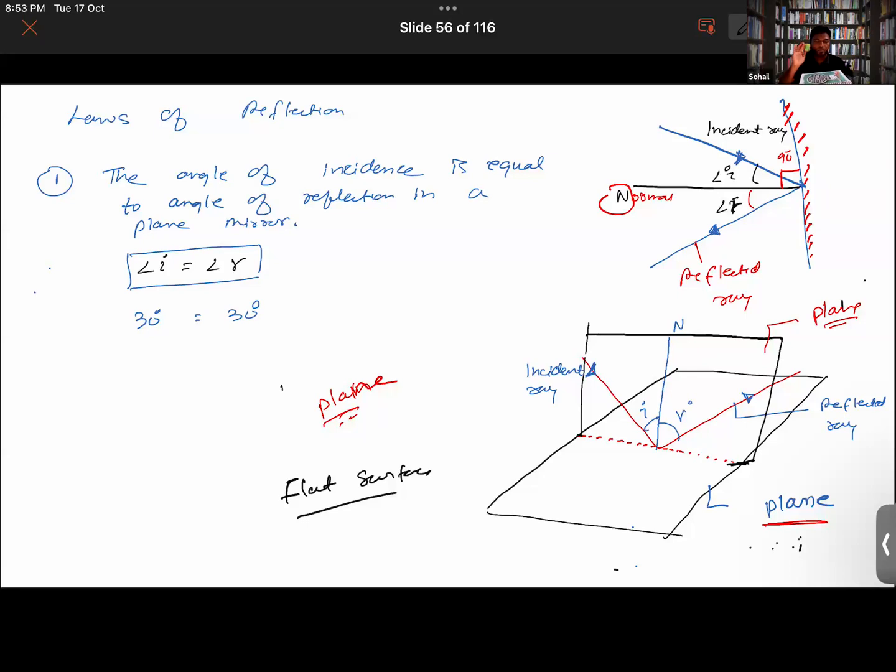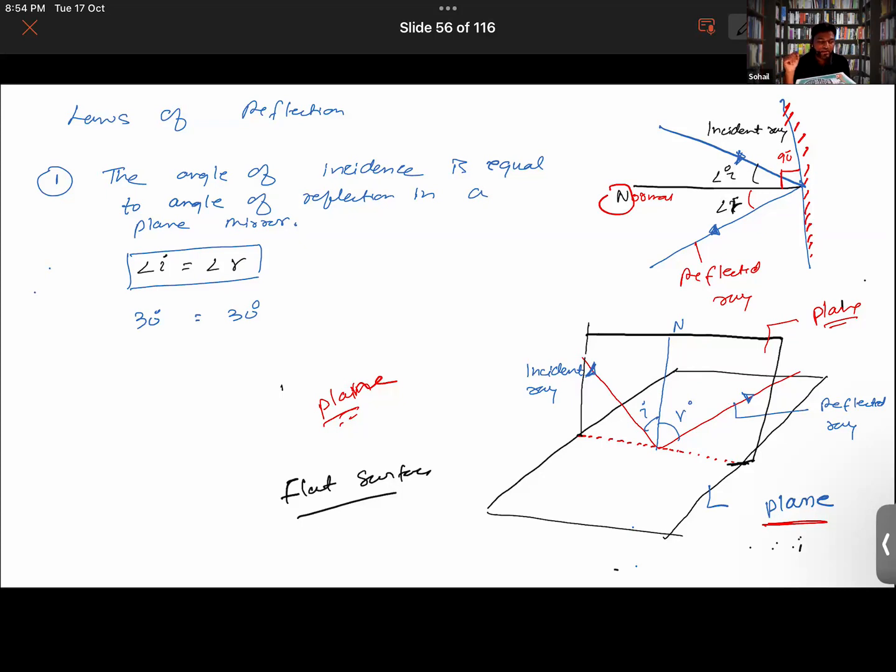So I am saying that it's not like light rays were incident on it in this direction and then went off in any direction on their own. No, it's not like that.